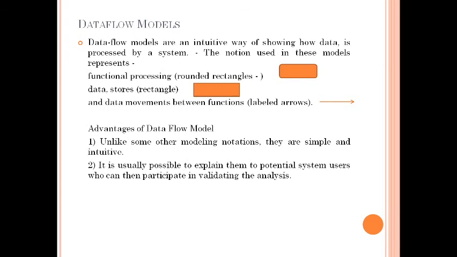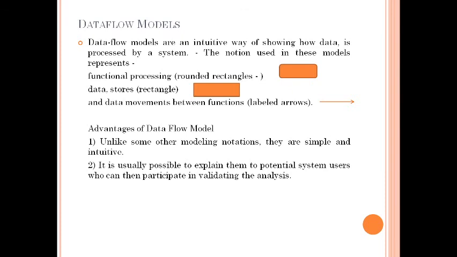This can be achieved by going through different systems. Here, the process can be shown using a diagrammatic representation, and we are going to use different notations. For functional processing we use rounded rectangles. For data storage we use rectangles.